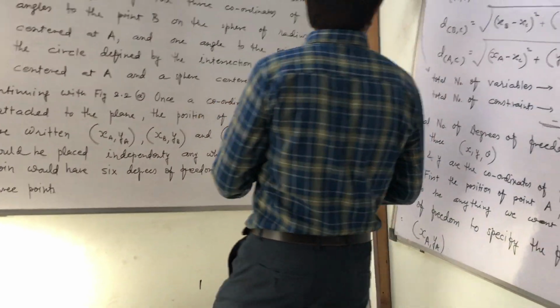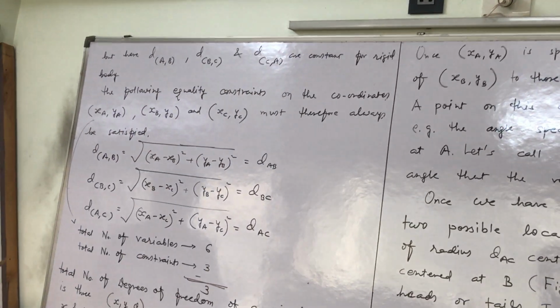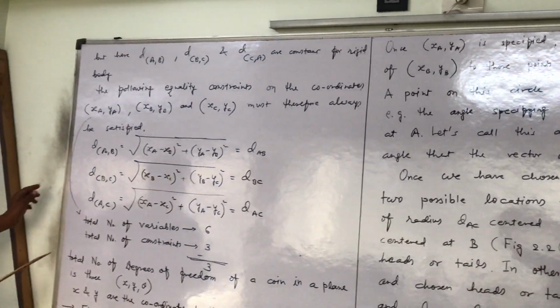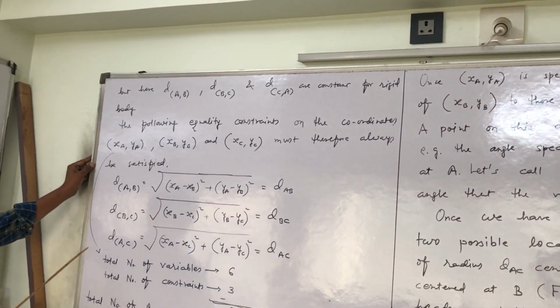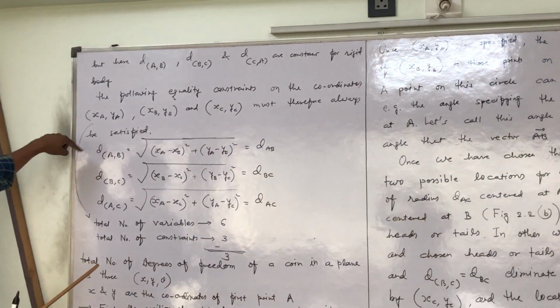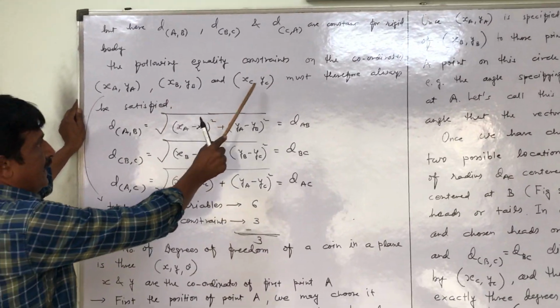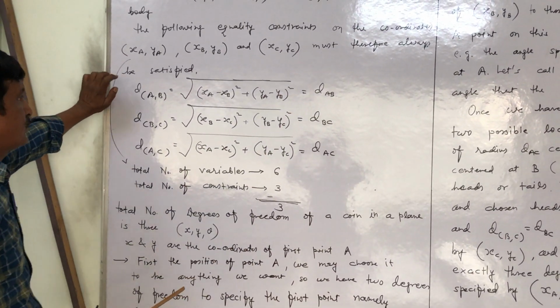But here DAB, DBC and DAC are constant for a rigid body. No matter where the coin is, these distances remain fixed. So the following equality constraints on the coordinates xa, ya, xb, yb and xc, yc must always be satisfied.